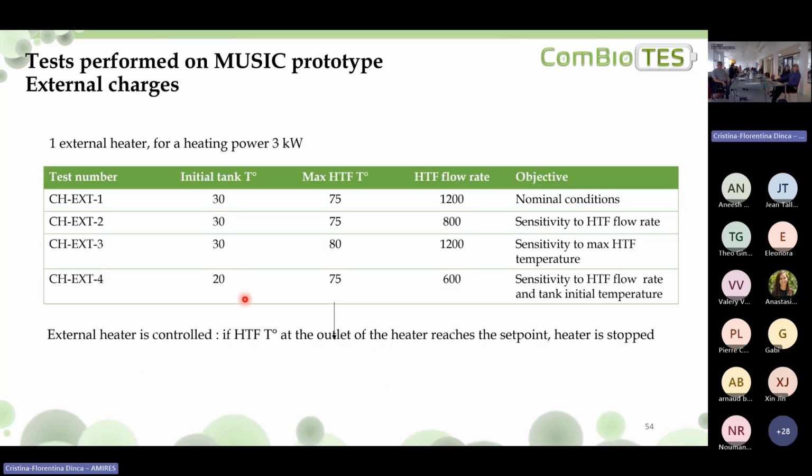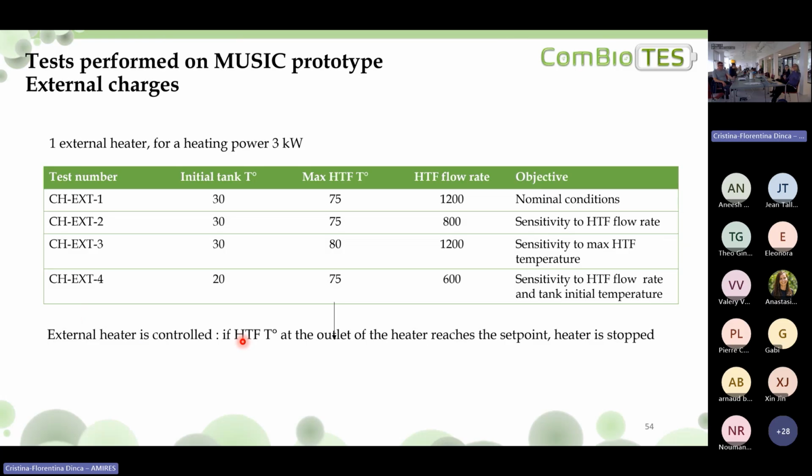So I arrived at the external charge. To remind you, for the external charge, we have one external hydraulic loop with a pump. In this loop, there is a heater with a heating power of 3 kilowatts, and this heater is controlled. There is a temperature sensor at the outlet of the heater.